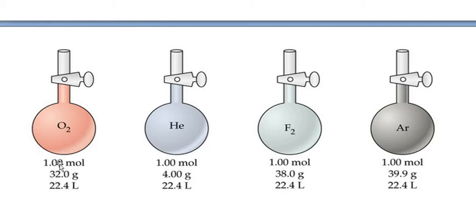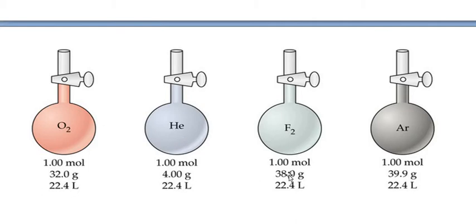This 1 mole of oxygen has a molar mass of 32 grams. This number is obtained by multiplying 2 by 16, which is the atomic mass of oxygen. This is the atomic mass of helium.